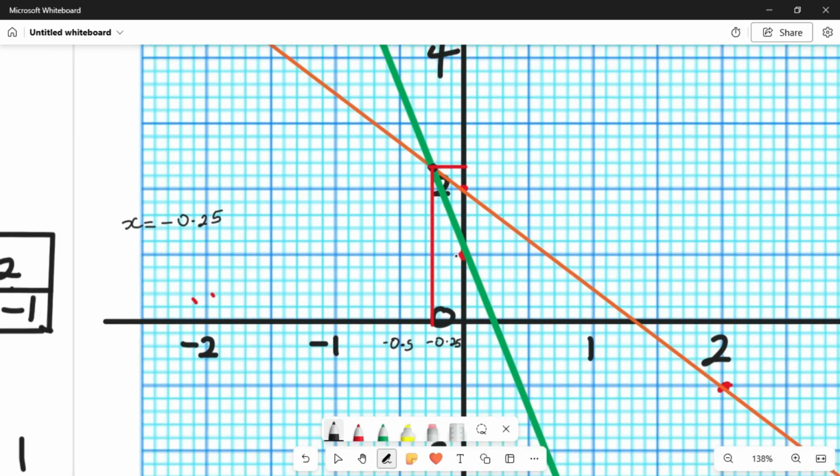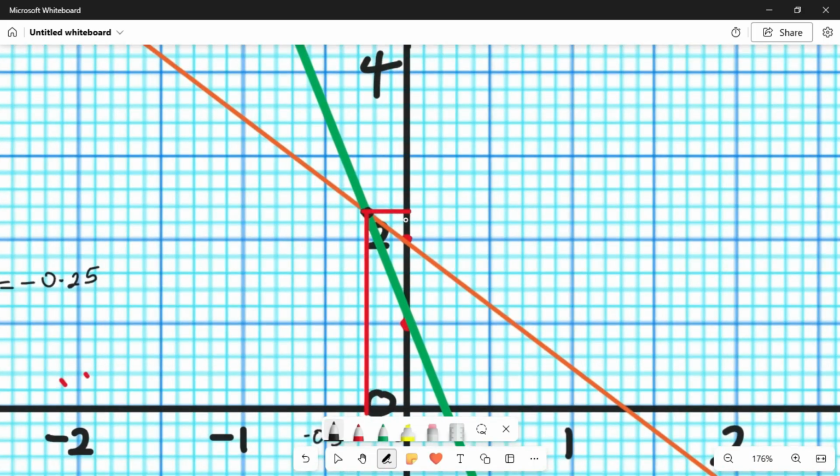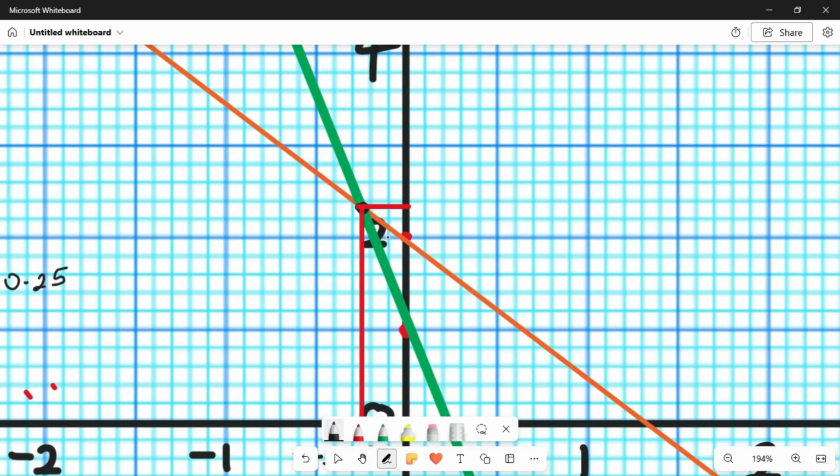For our y, this is 2. This is 3 right here. So this is 2, this is 2.2, this is 2.4. Actually, it's not up to this point here.